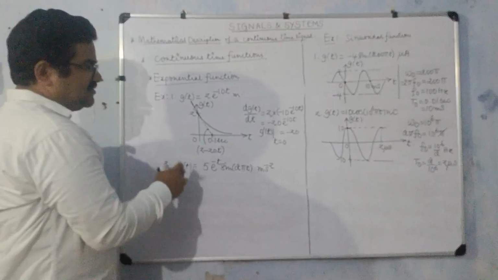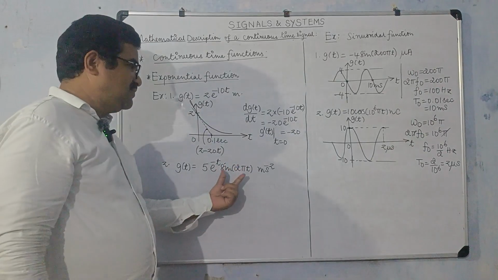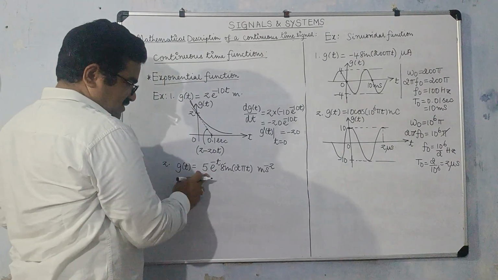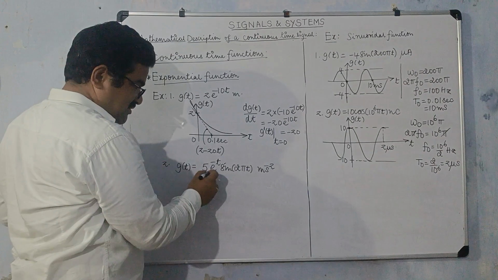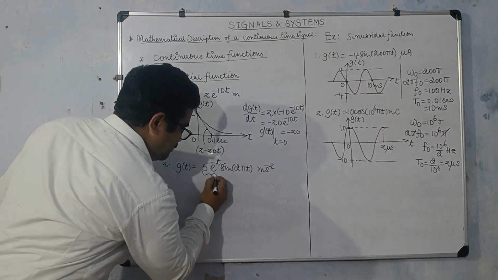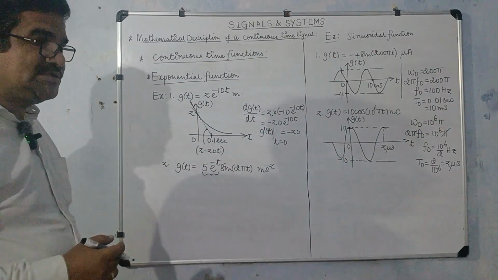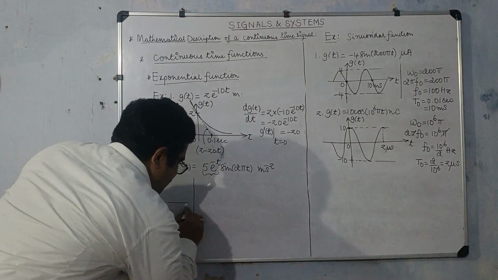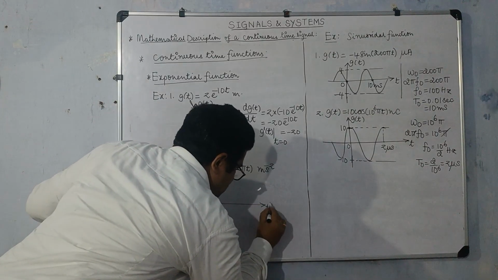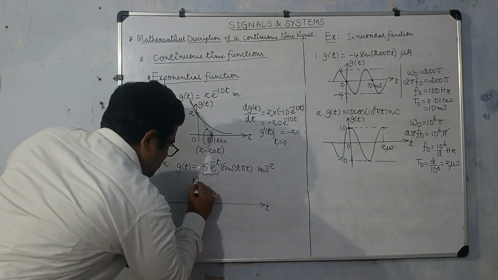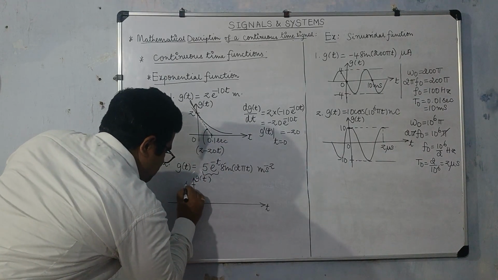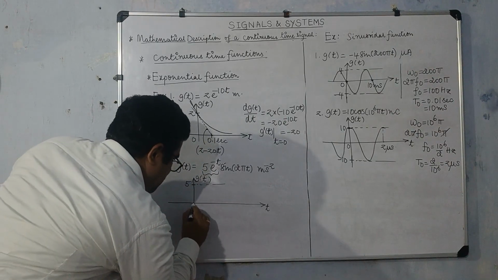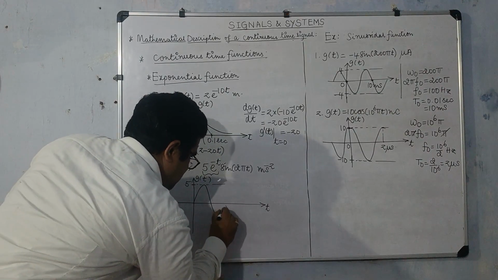If you observe this example, it is a product of two functions, a sinusoidal and an exponential function. This sinusoidal function's maximum amplitude is 5 and its amplitude is decreasing exponentially. So the amplitude of the sinusoid is 5 into e power minus t. If I try to draw this function g of t, it has a maximum amplitude of 5, and from 5 the amplitude is slowly decreasing.